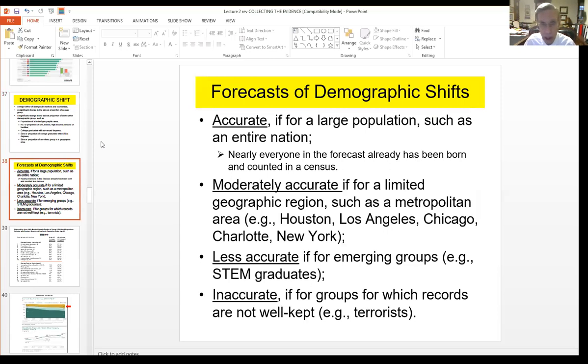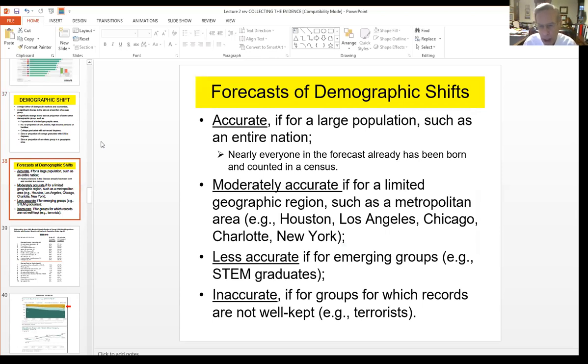So if there are 20 million people in the United States between 0 and 10 years old, 10 years from now, there will be 20 million people between 10 and 20 years old. How many people 10 years from now will be between 0 and 10 years old? We don't have those data, but we do have the ability to guess the fertility rate, that is, the number of children on average that a mother will have.